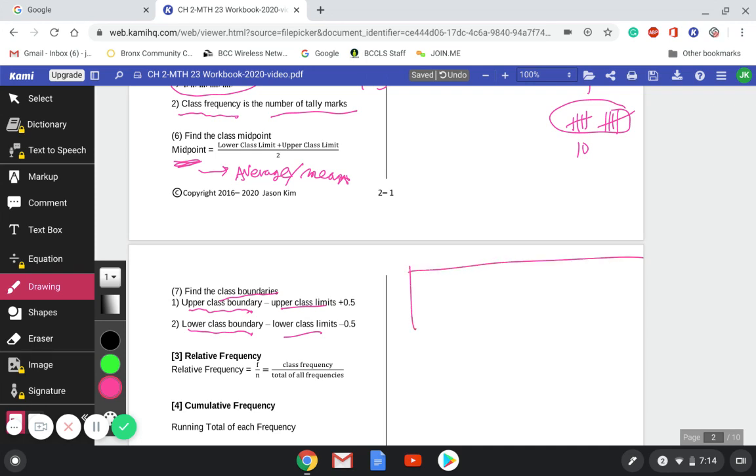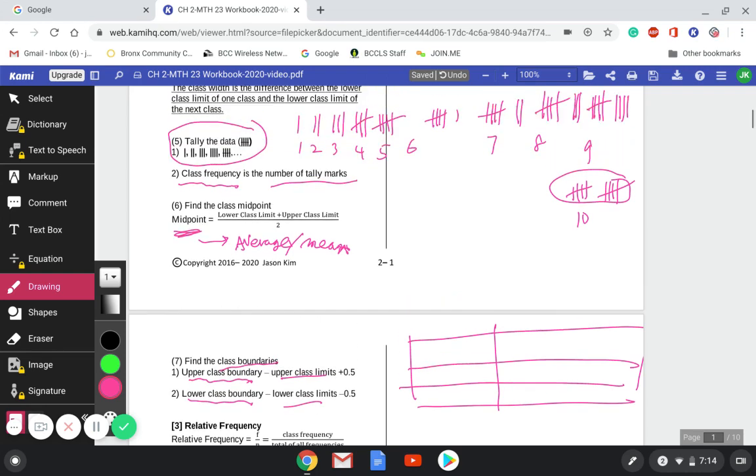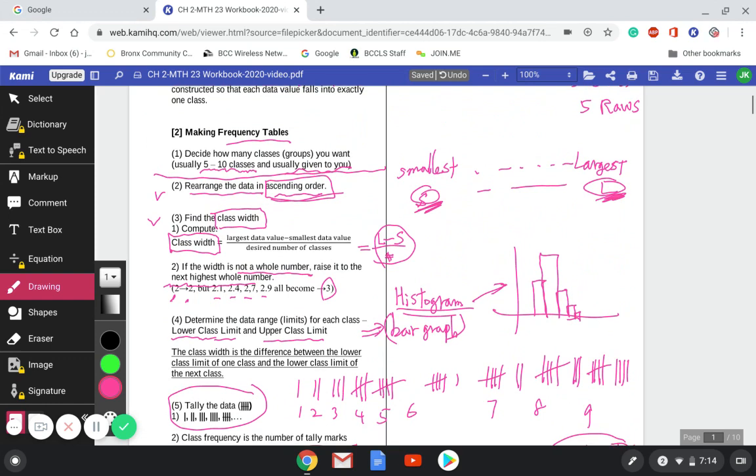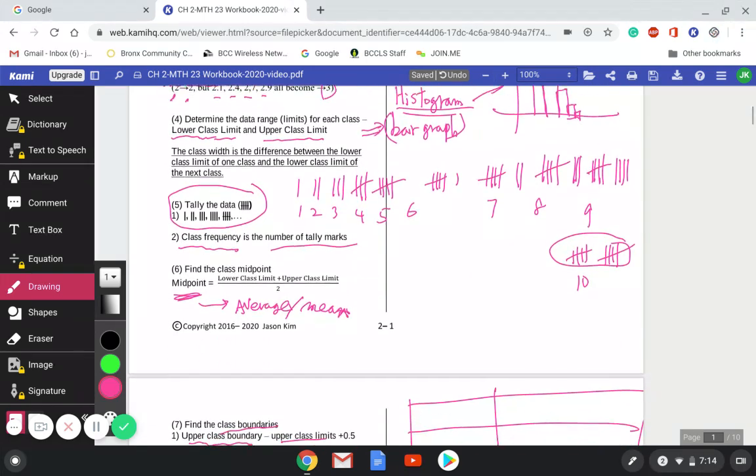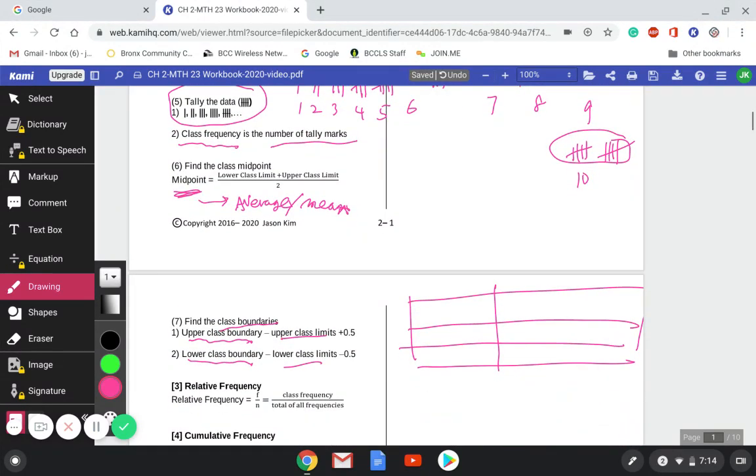So let's say in each class, the lowest number you start with is 2. So let's say the smallest number is 2 and the largest number is 16. Then the very first low class limit would be 2.